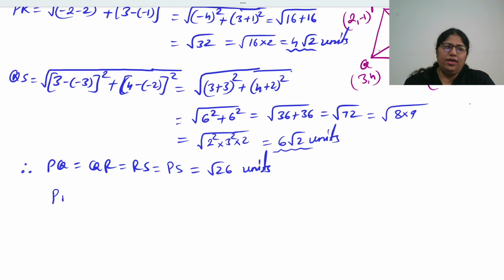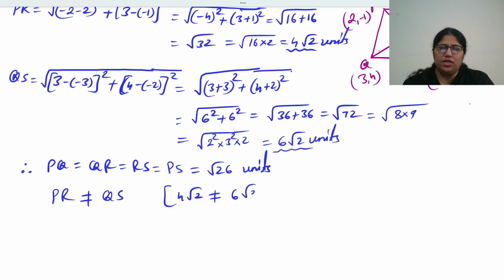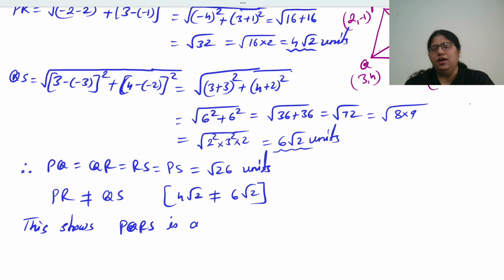And you will write here PR is not equal to QS, because 4 root 2 is not equal to 6 root 2, right? This shows that because all four sides are equal, but the diagonals are not equal, PQRS is a rhombus, right?